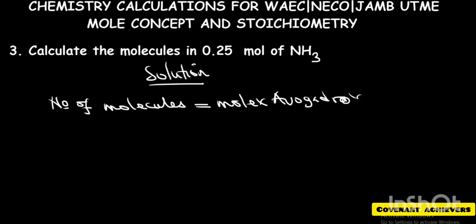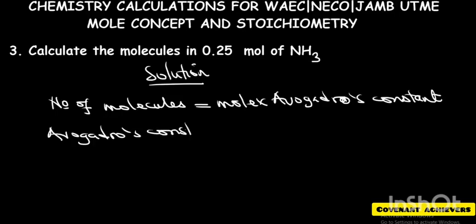Avogadro's constant, that's N subscript A, always give it as capital N, subscript capital A, is equals to 6.02 times 10 to the power 23.